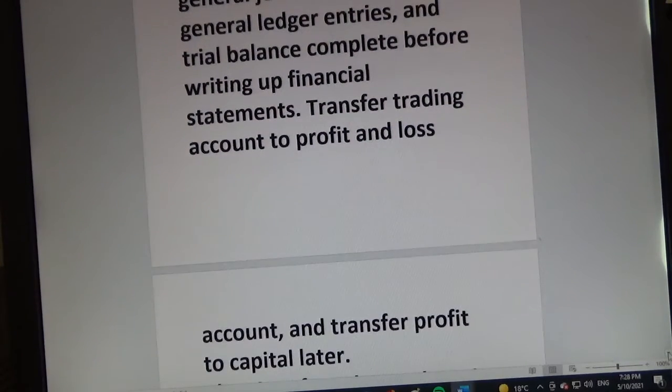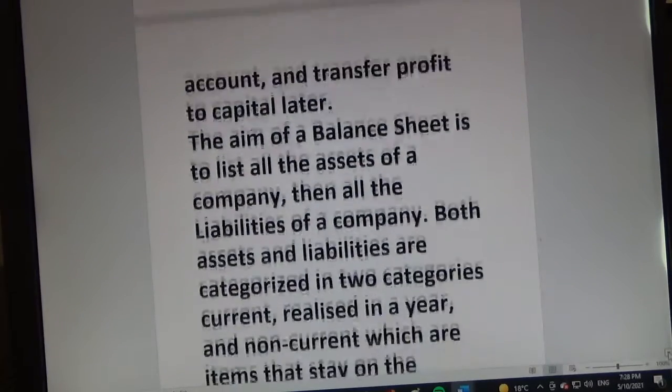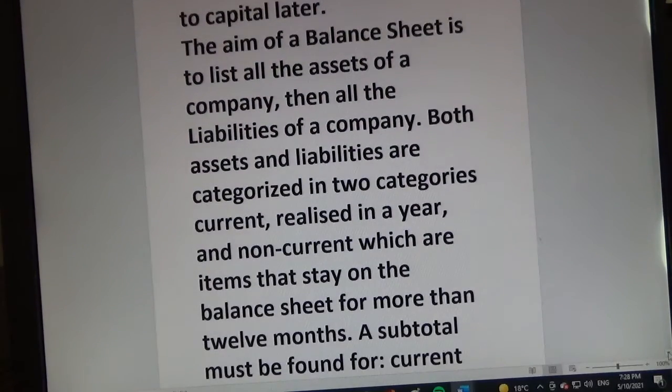So this is after the final trial balance. With the P&L, in my other presentation, you transfer the trading account to the profit and loss account and transfer profit and loss to capital later. But tonight I'm focused on the balance sheet.